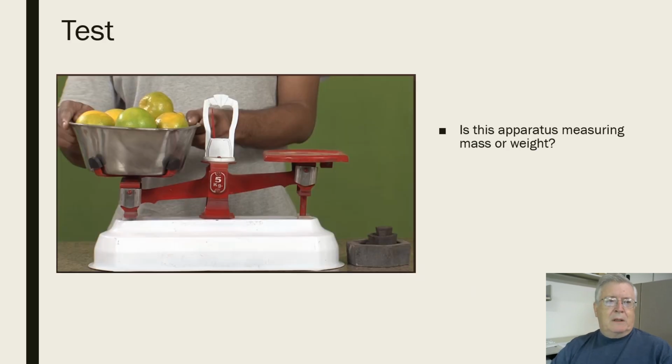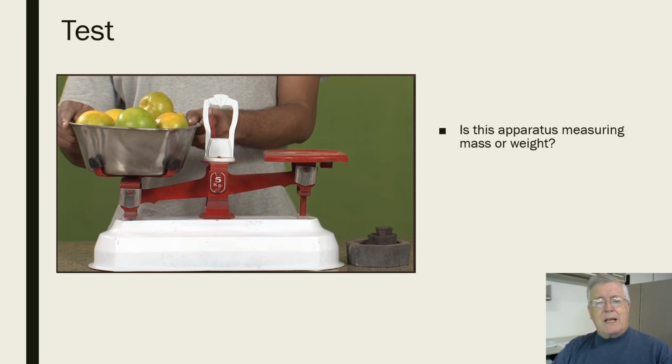So here's our first test question. Everybody get your caps on, and here we have an apparatus that appears to be measuring some apples. So is this apparatus measuring mass or weight? Mass or weight?